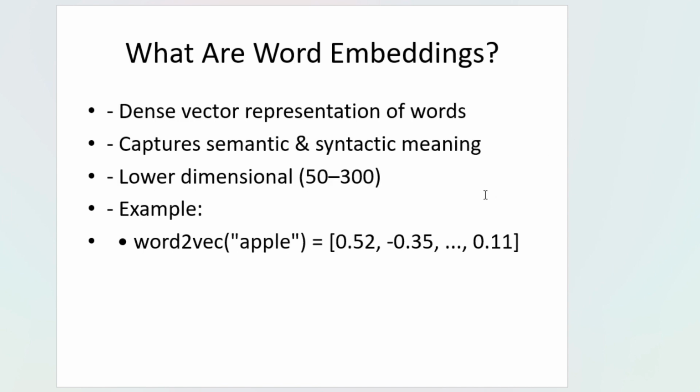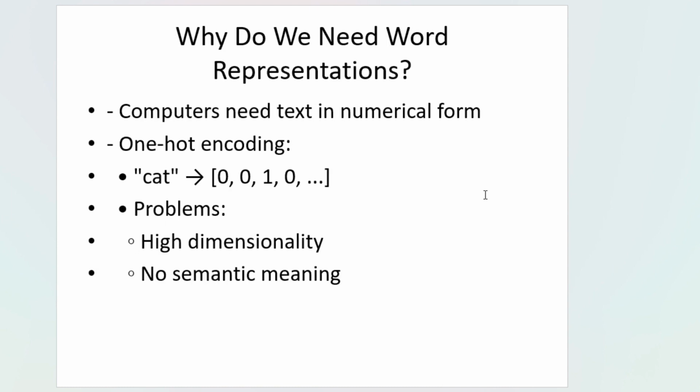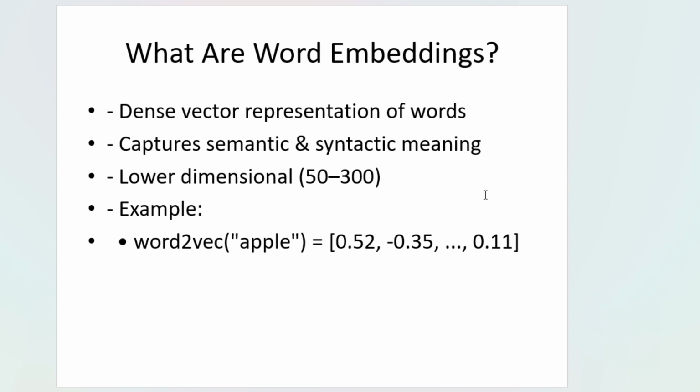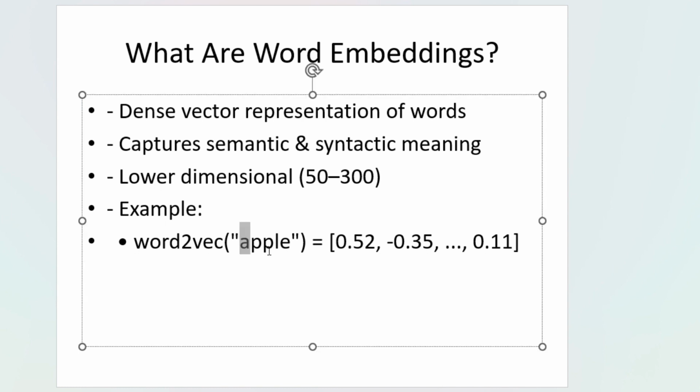And what are word embeddings? We have already discussed why we need word representations, right? Now let us discuss what word embeddings are. Word embeddings are nothing but dense vector representations. Here there is an apple, right?